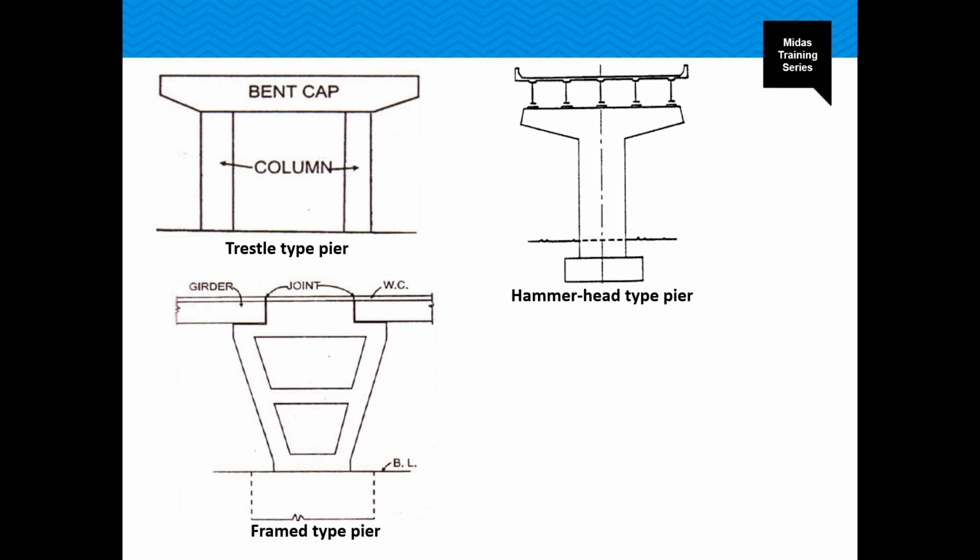They can reduce the span length of the main girders on either side, thereby resulting in cost saving of superstructure. But due to the multiple joints, that is one of the disadvantages of this kind of piers. It will increase the maintenance cost.